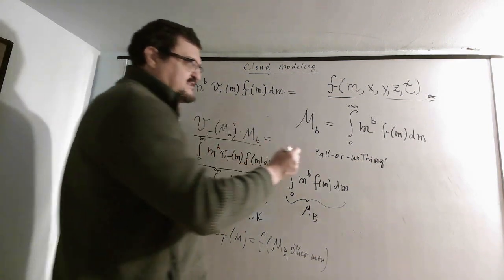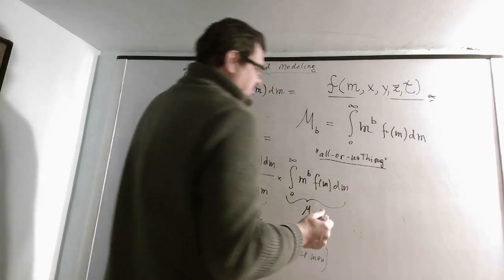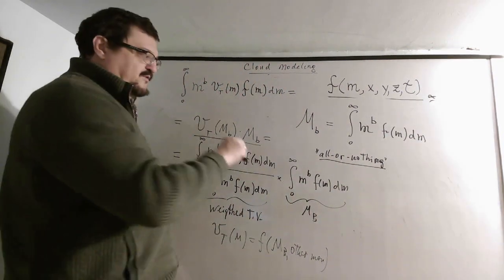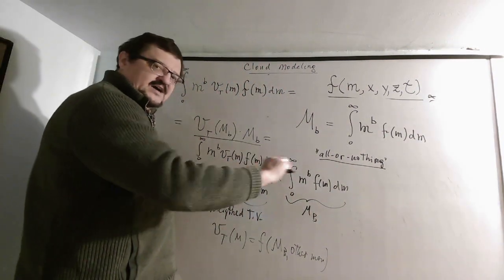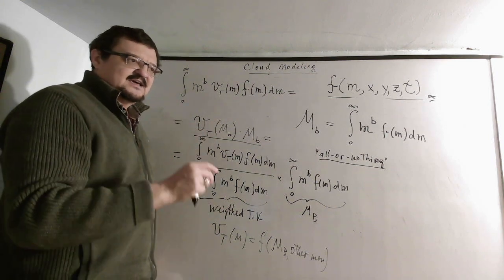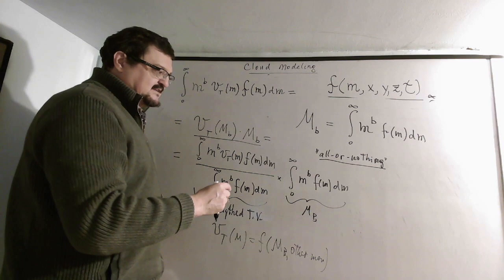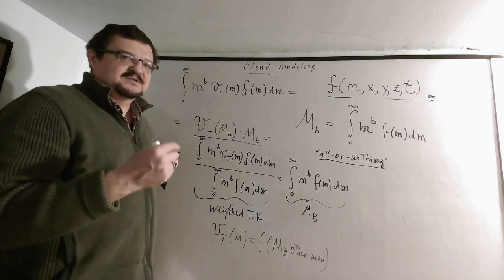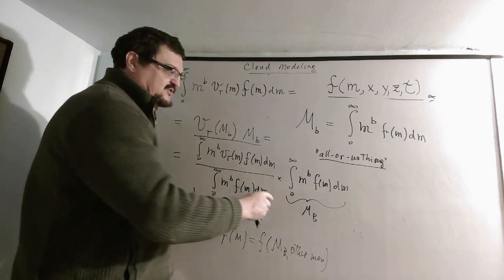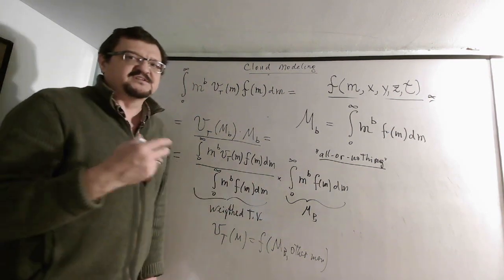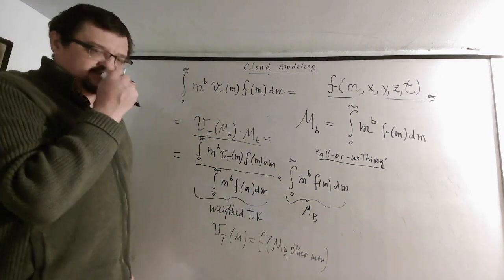So this is the all or nothing approach. There is no movement of f in the space of sizes. You just instantly obtain the total condensate, and you can do similar things to update your other moments using some parameterization assumptions.